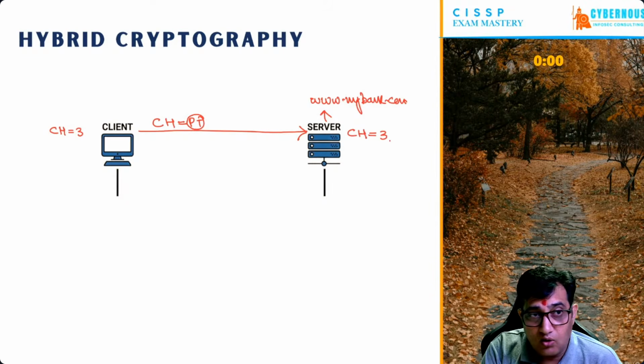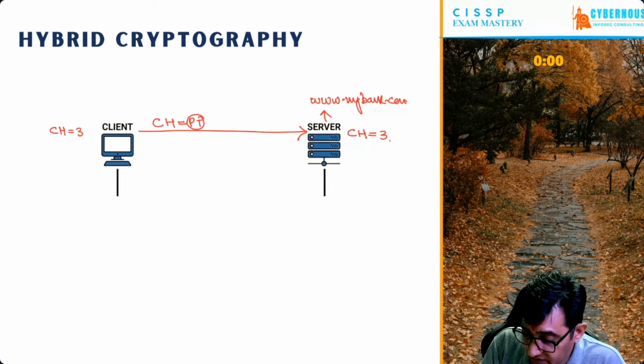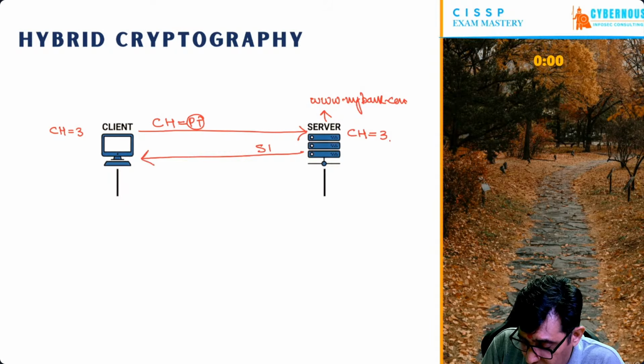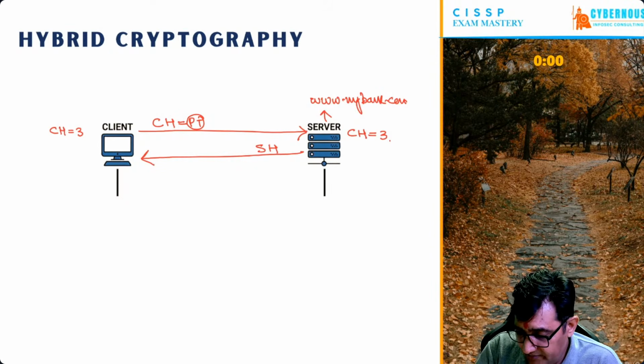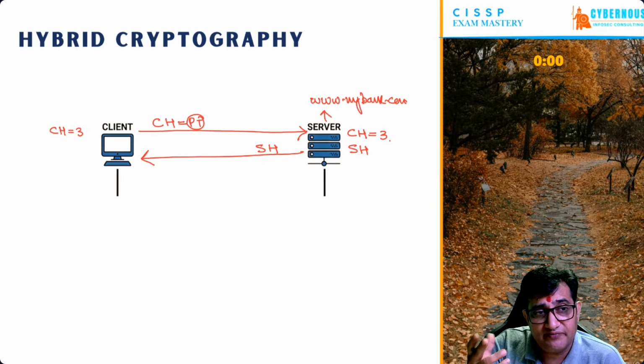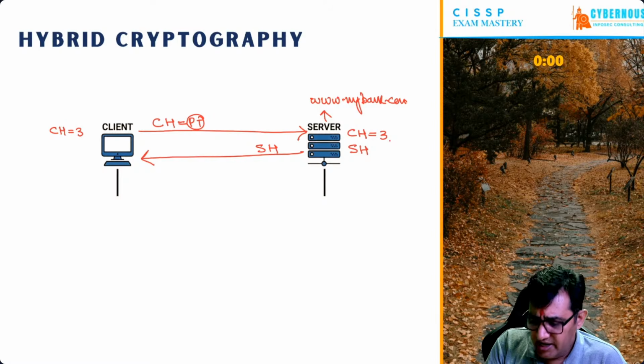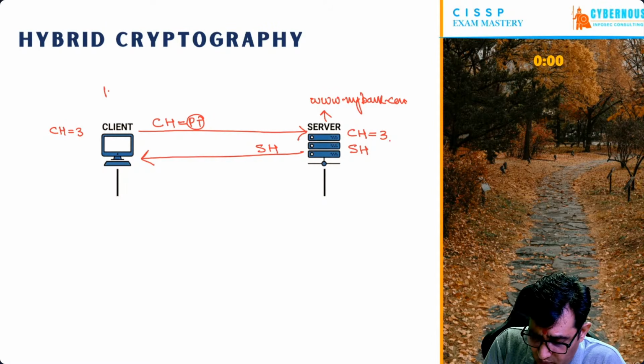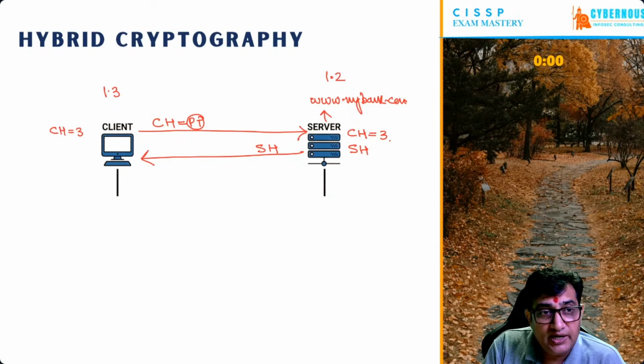Now the server is going to reply with something called server hello. This time the server hello will agree to whatever cipher suite and whatever TLS method you are going to use. If the client uses 1.3 but the server supports only TLS version 1.2, there has to be a TLS downgrade, right?